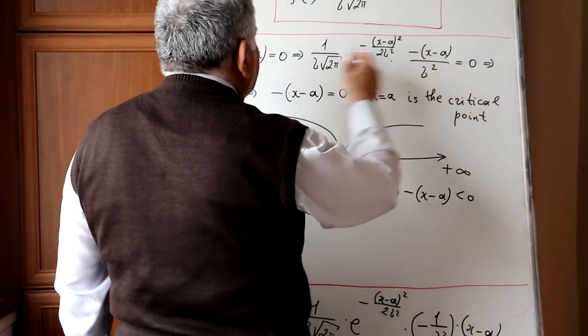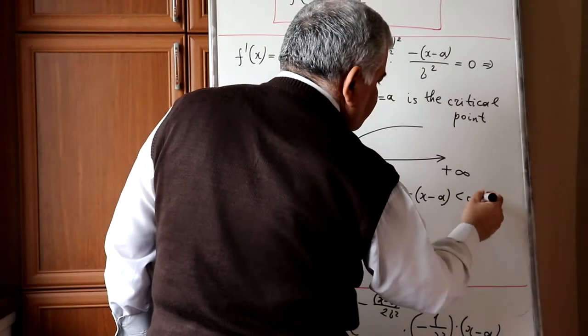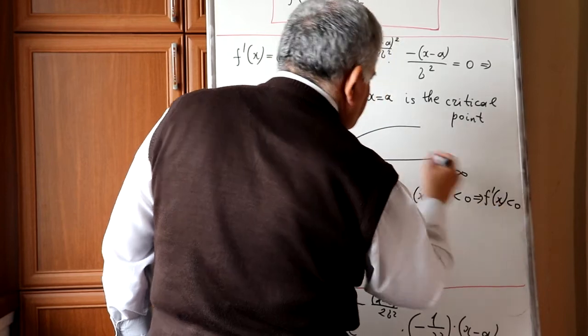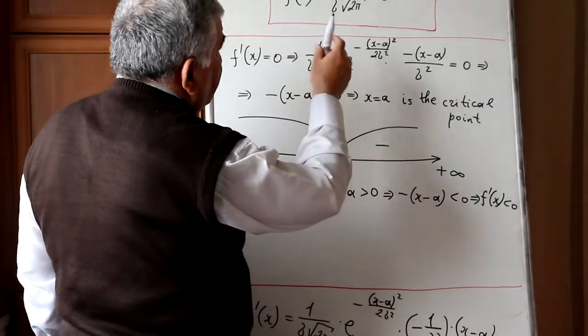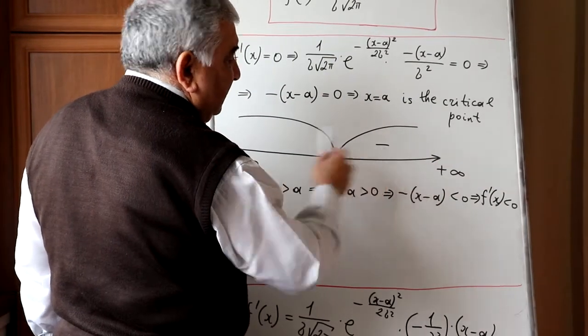If this is negative, then the first derivative is also negative. F prime of x is negative. That is, the derivative of the normal distributive density in the right interval has the negative sign.